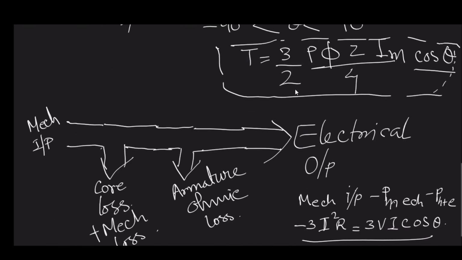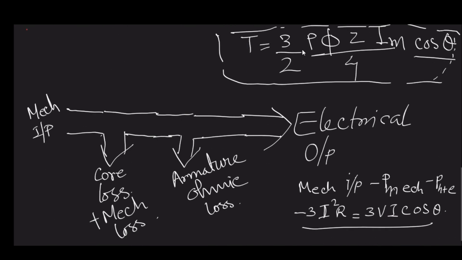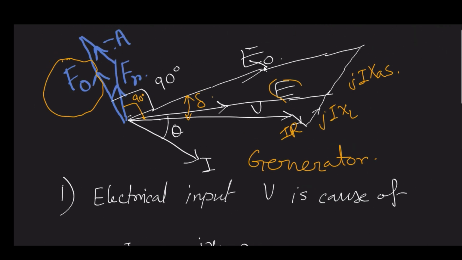If you are still not getting my point, with this we can try. This is your armature MMF, that is A. See the angle 90 plus delta plus theta.